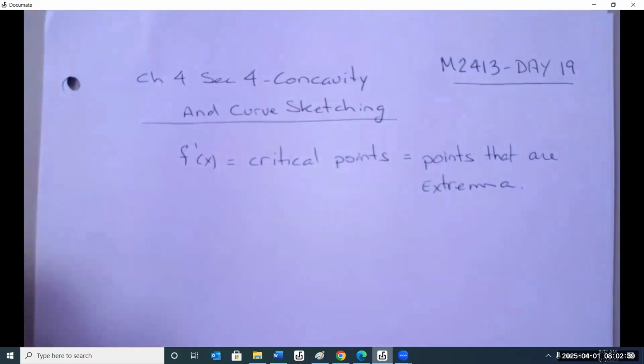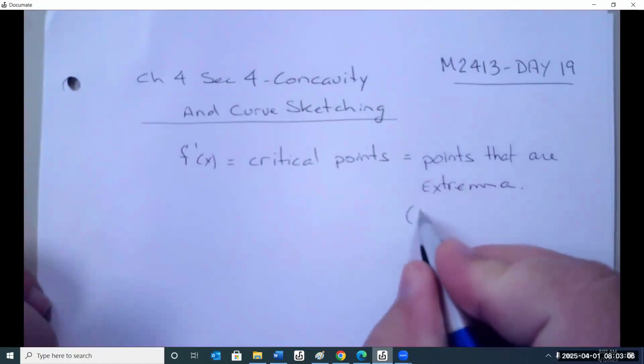What does extrema mean? Make it more basic. What is an extrema? What's another easy way you can describe extrema?